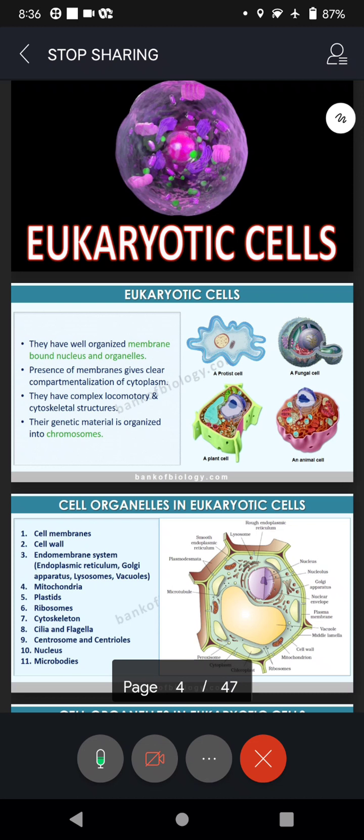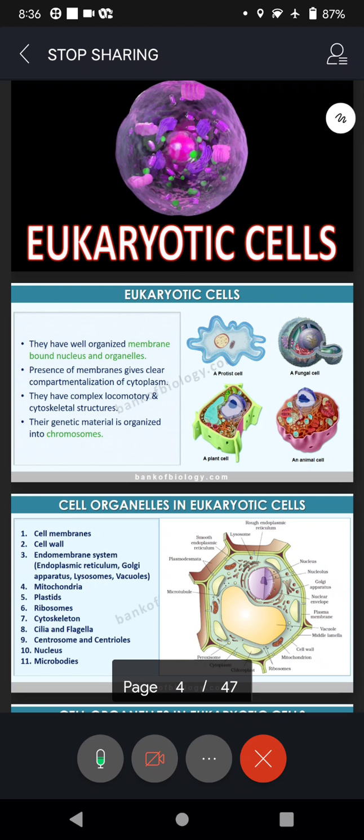What are cell organelles? Parts of the cell, like all those structures that are present inside the cell: mitochondria, plastids, endoplasmic reticulum, nucleus itself, cytoplasm, all these are cell organelles.